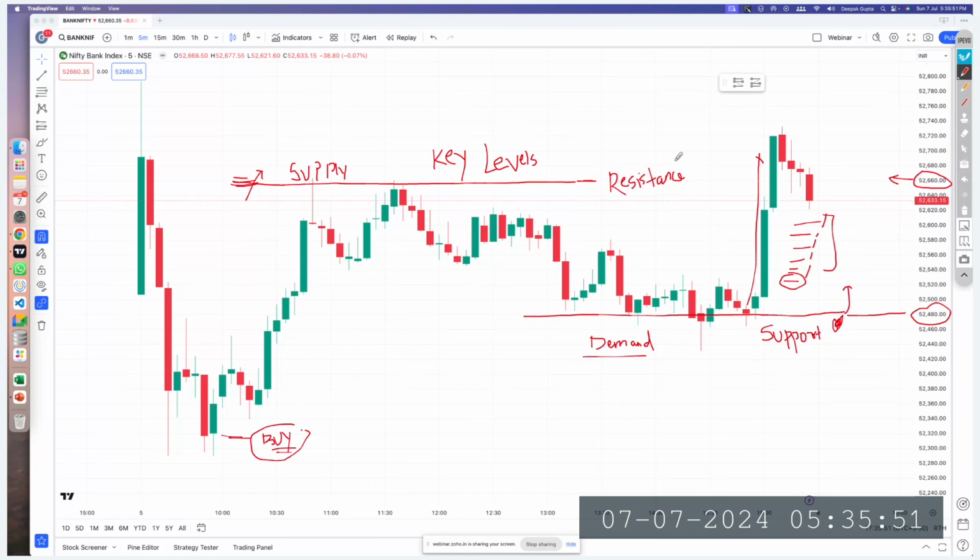So these levels that you see, resistance and support levels, are alone one of the best indications of where the price is likely to go, and at what levels you should wait to take a trade.